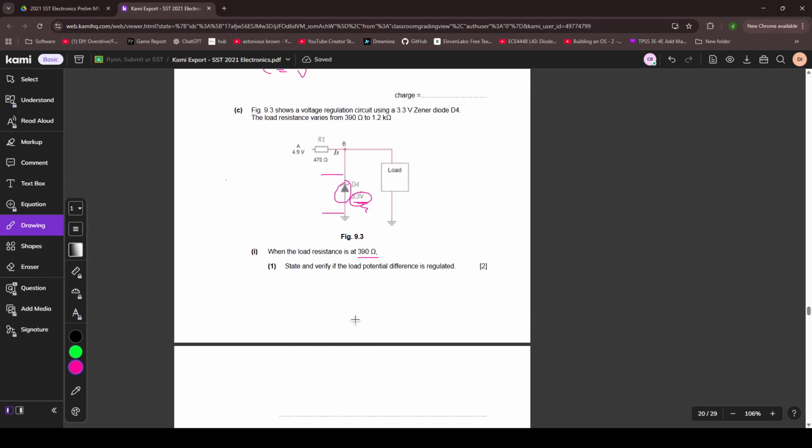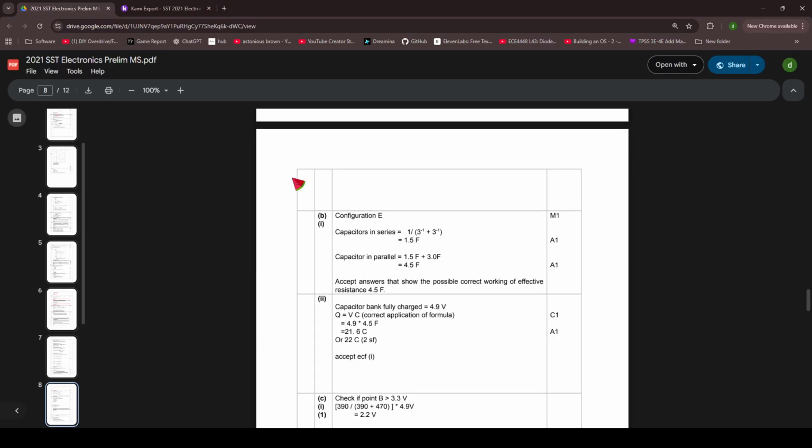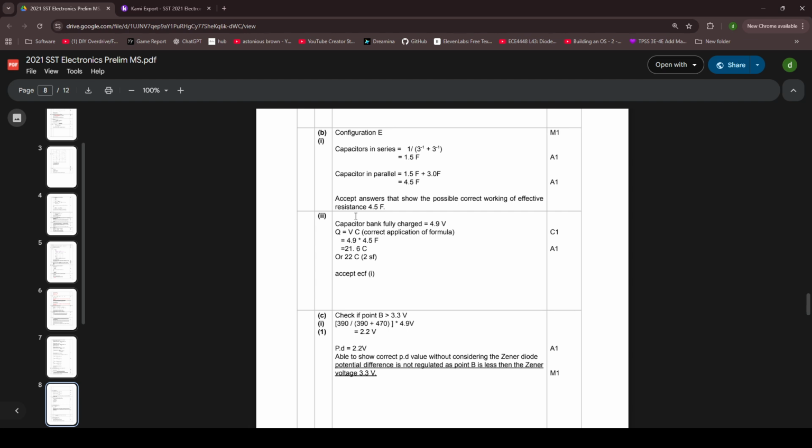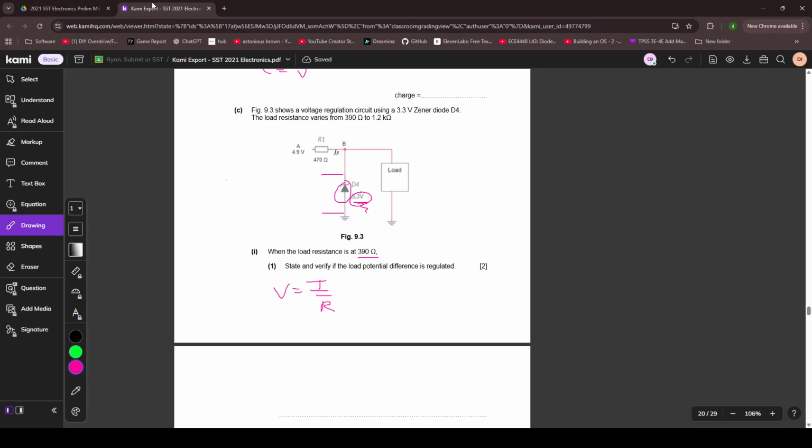So what you can do is just V equals I over R. Yeah, V equals I over R, but you don't know I. 390 divided by 390 plus 470. The load. Oh, the load.